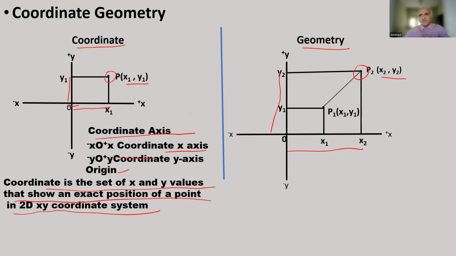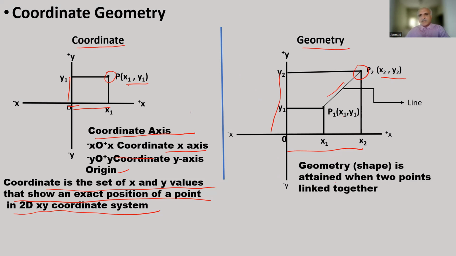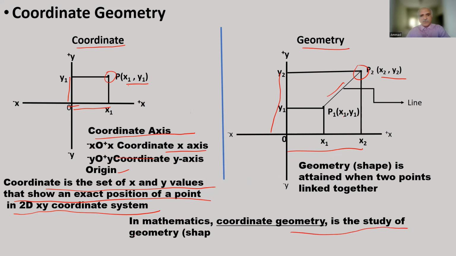So if we join these points together, we get a line. So we can define geometry: geometry means shapes are attained when two points link together. And ultimately, we can define in mathematics, coordinate geometry is the study of geometric shapes using a coordinate system.